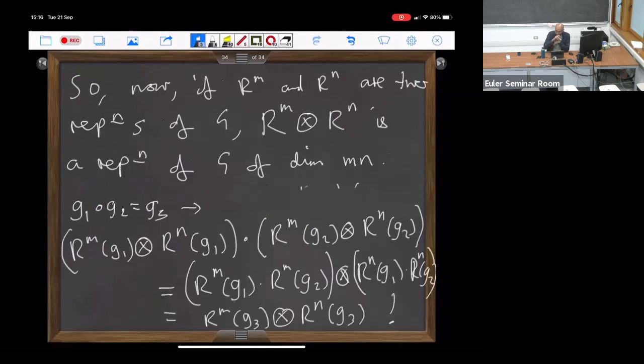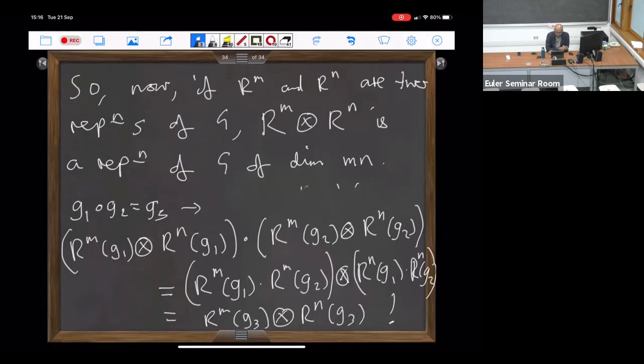Now, if we go back to our m and n dimensional representations, the point is simply that the tensor product between these 2 sets of matrices is actually a much bigger representation. It's the tensor product representation.